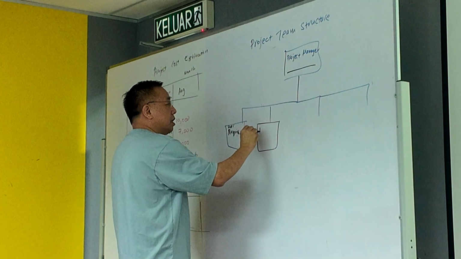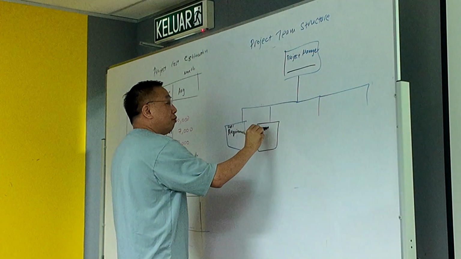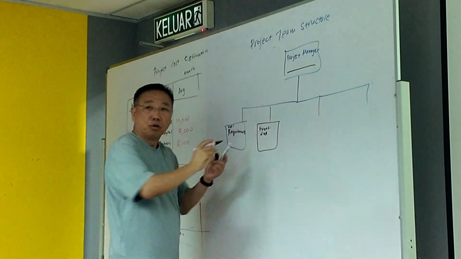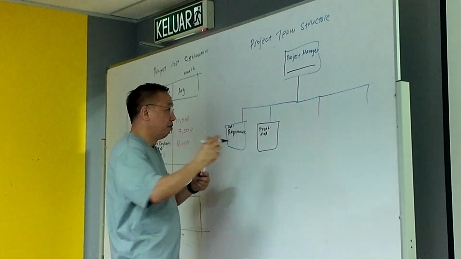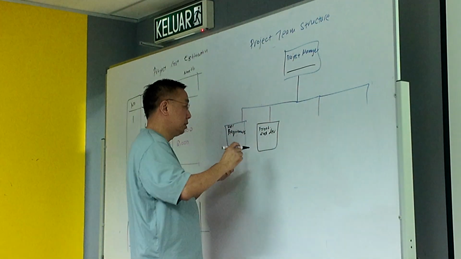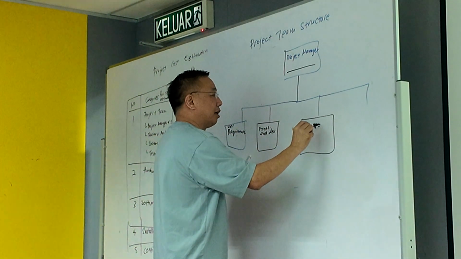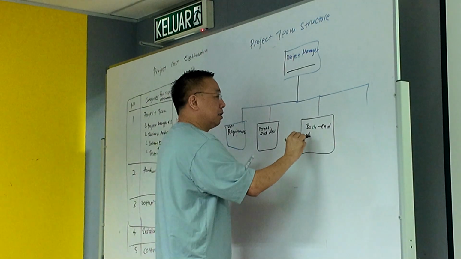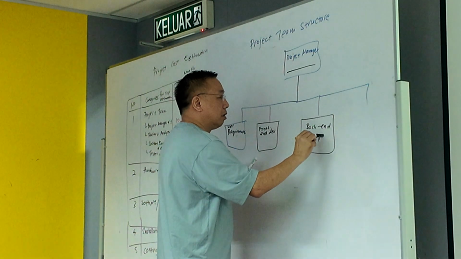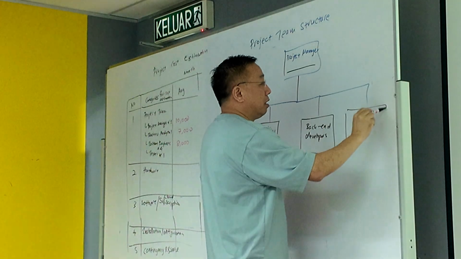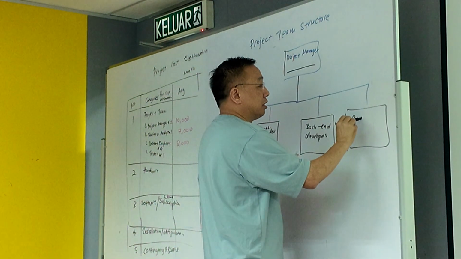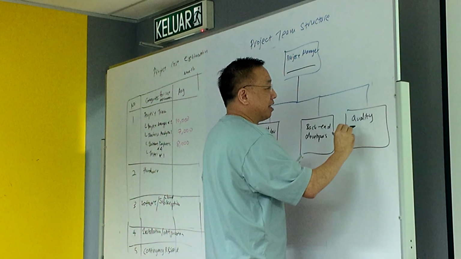The other one is I have a bunch of people who will do front-end development. You all know all these terms, right? Front-end, back-end development. Okay, developers, so you know. Front-end developers. Then I will have my back-end developers. Another bunch of people here. And finally, I have my team which will do quality assurance, which is a fancy name for testing.